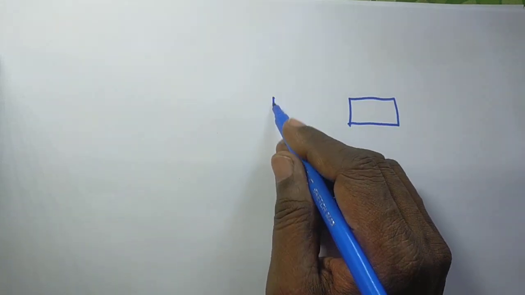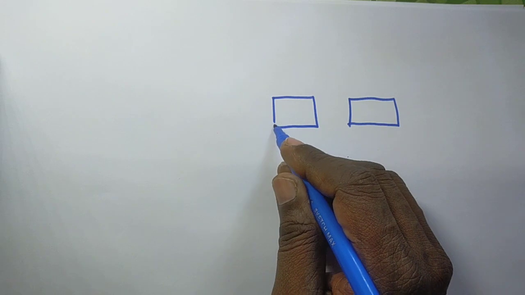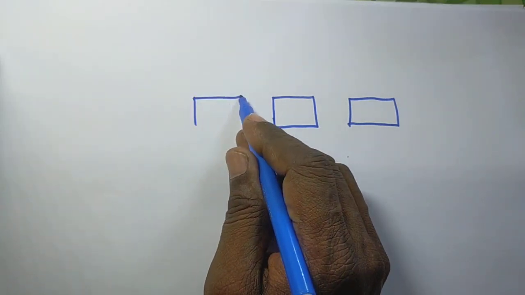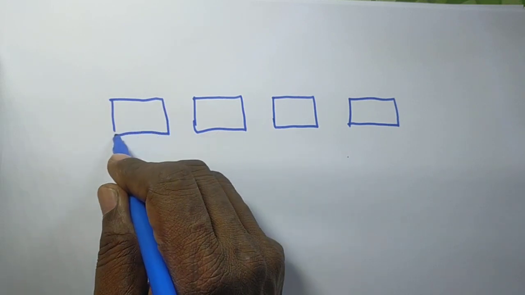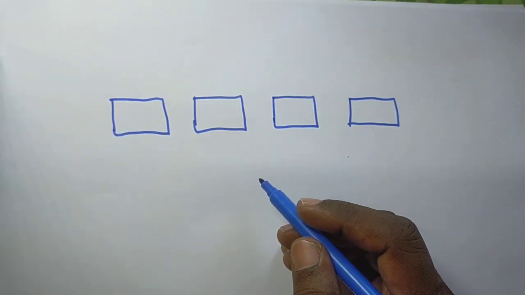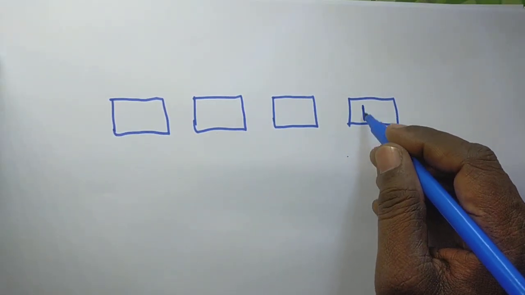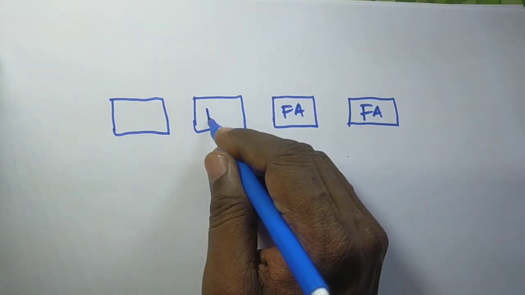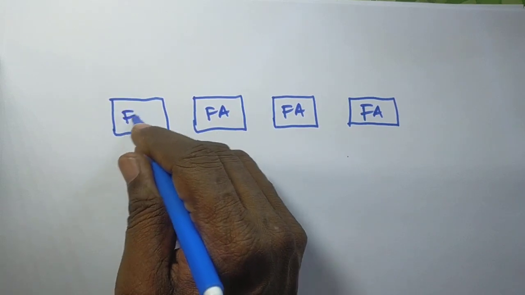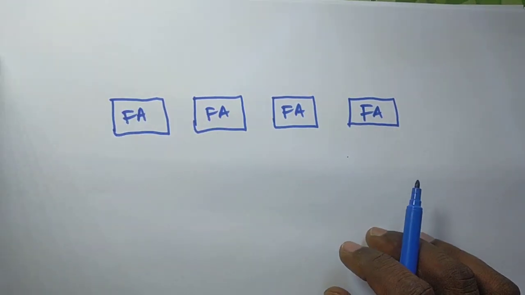That means we consider 4 full adders: 1, 2, 3, 4. Here are the 4 full adders. We can use full adders because that is mentioned in the question.